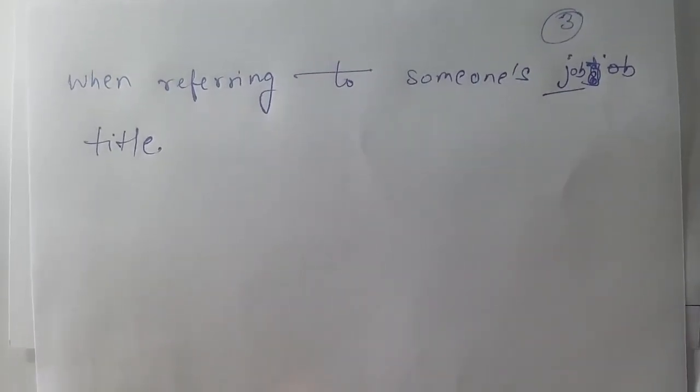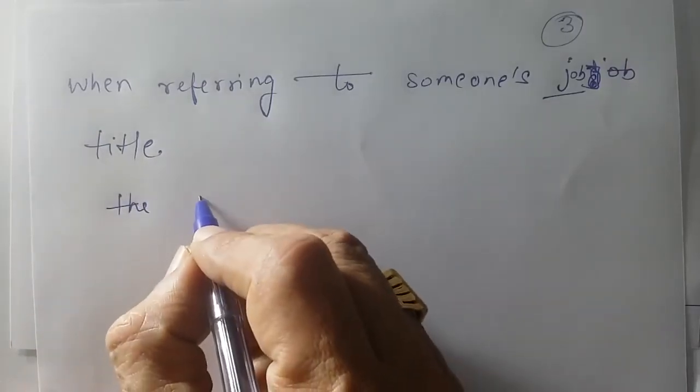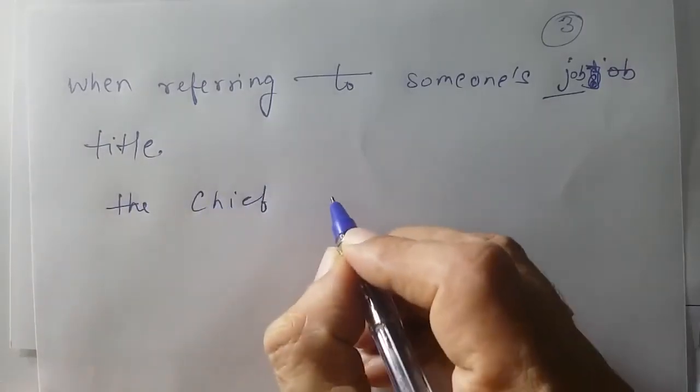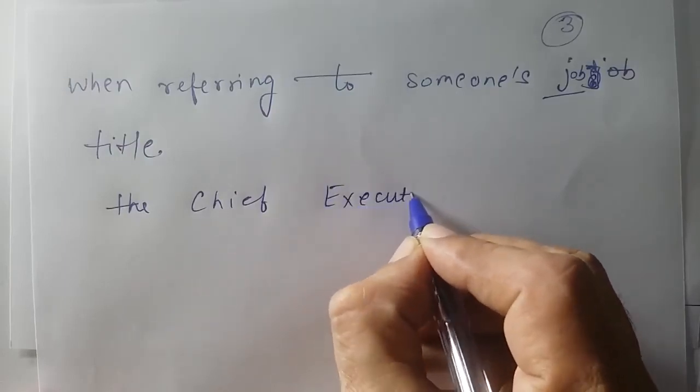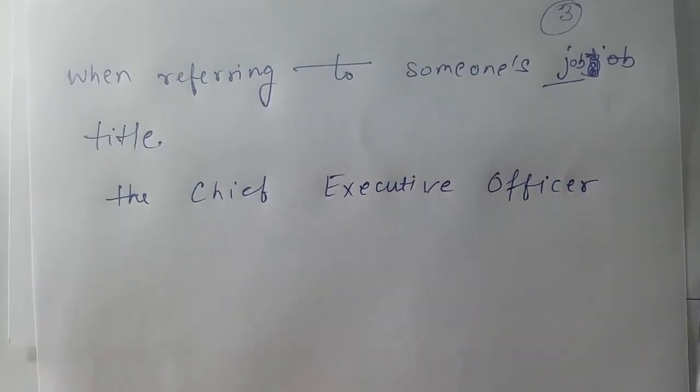Because in IELTS also they check this thing, how you are writing, and if you write wrong, they deduct the band. The chief executive officer.